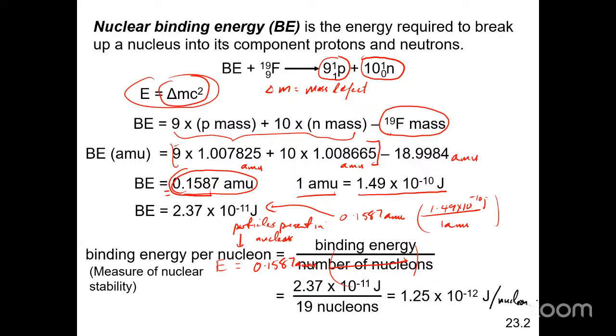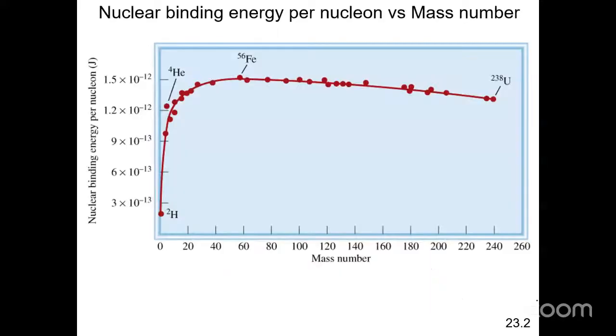Based on that type of calculation for different types of nuclei, we end up with this plot right here. We plot the mass number versus the binding energy per nucleon, and this is what we get.